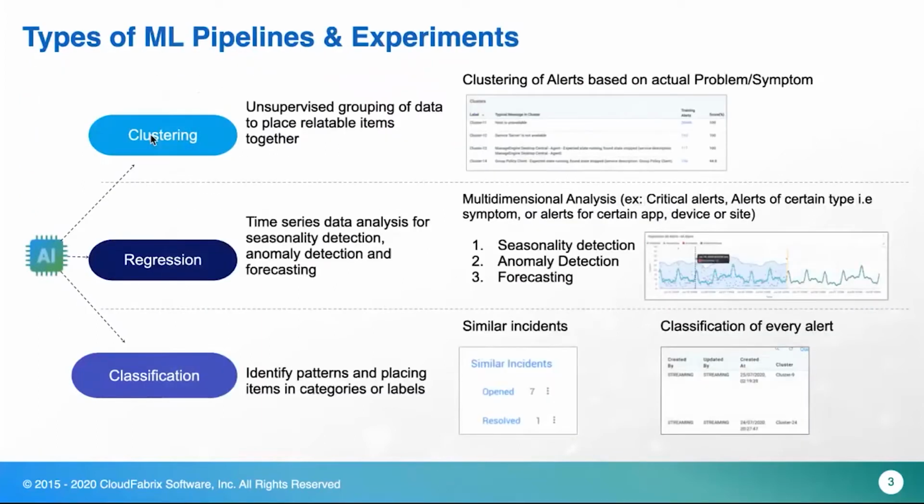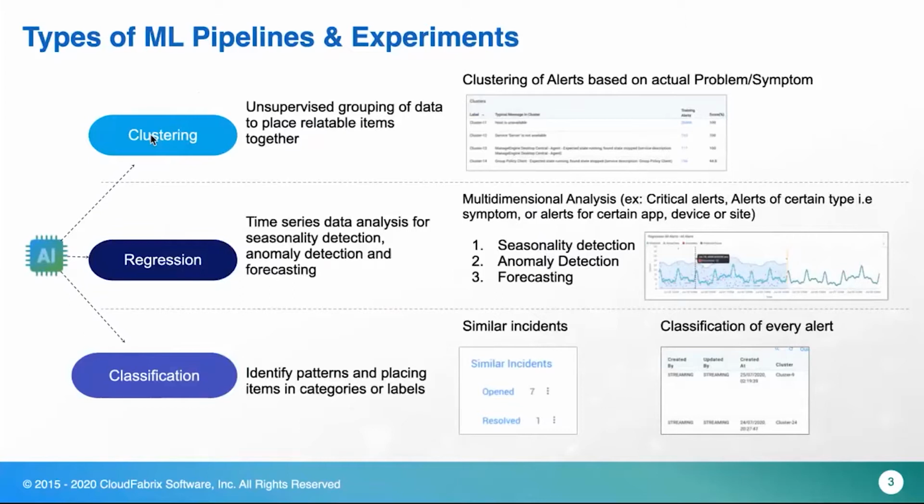So as I talked about the three different models that we use: clustering, unsupervised clustering to group together alerts and logs to find out symptoms or trends of different log symptoms.